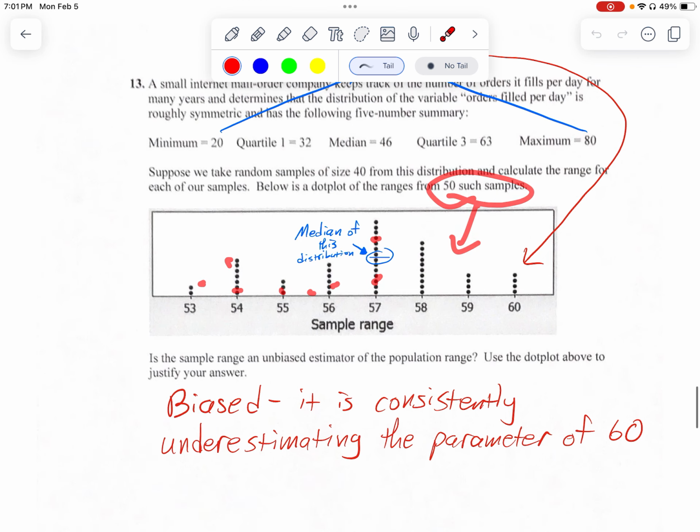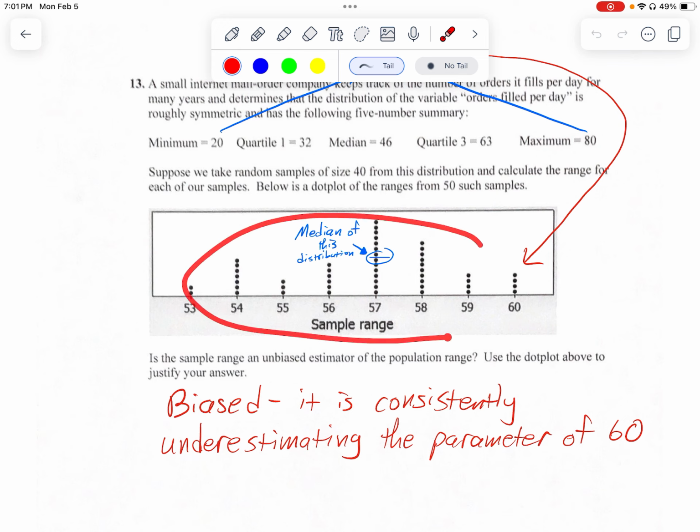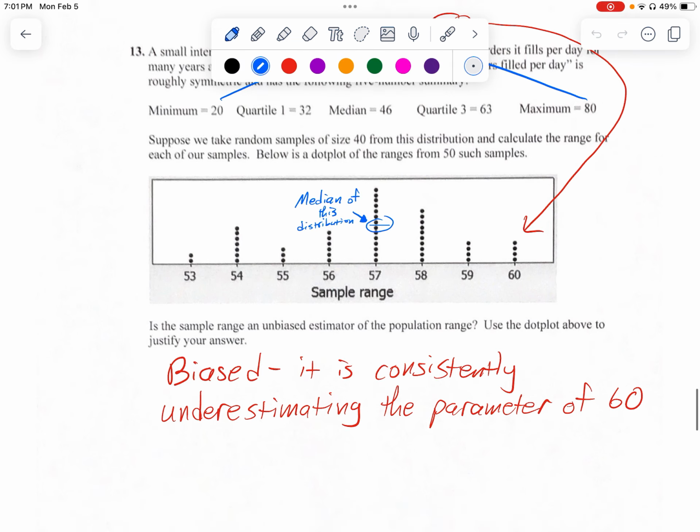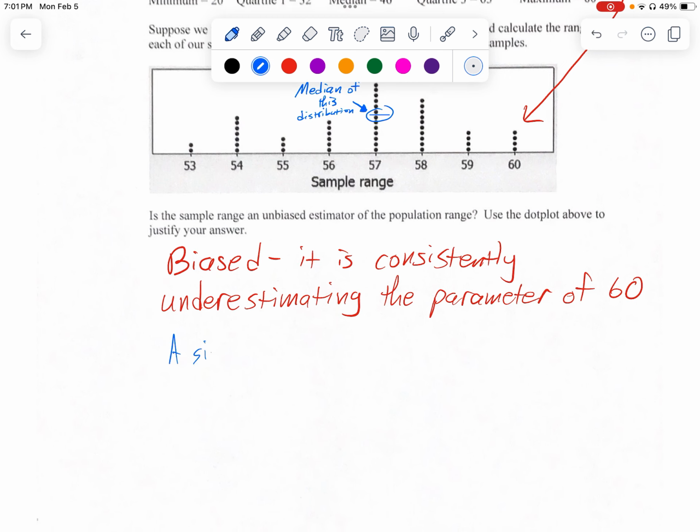All right, the question is, is this method that they've done unbiased? Well, first of all, let me back up. What does a dot represent? A single dot is the result. And what is the result?